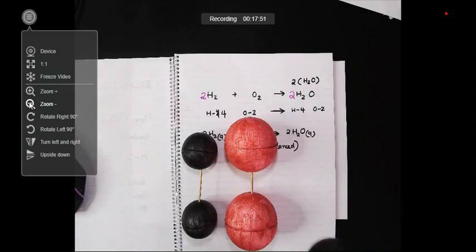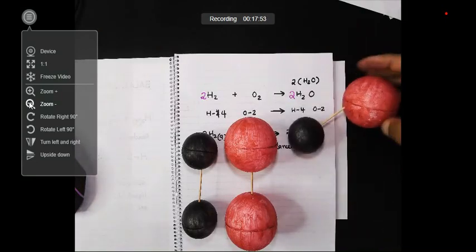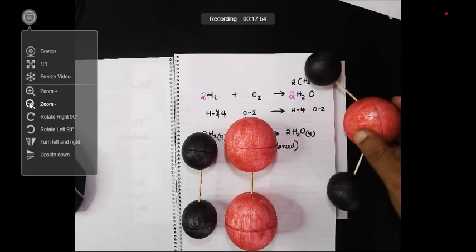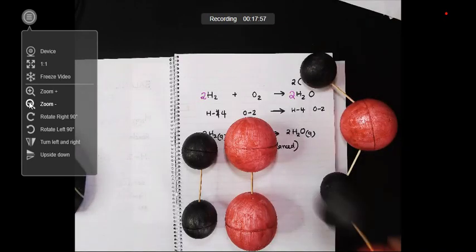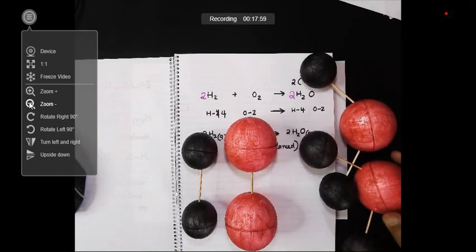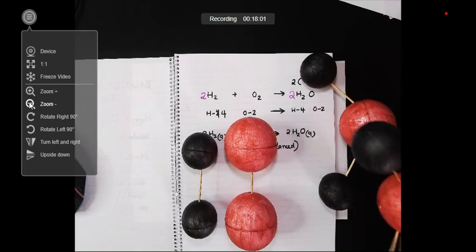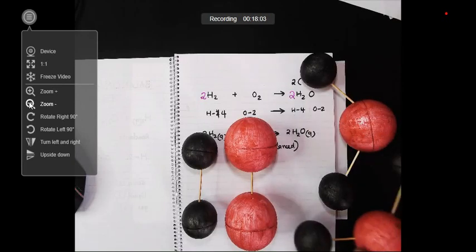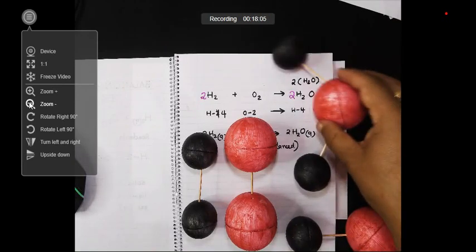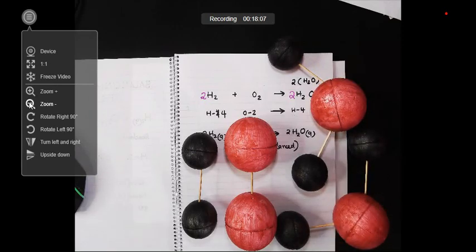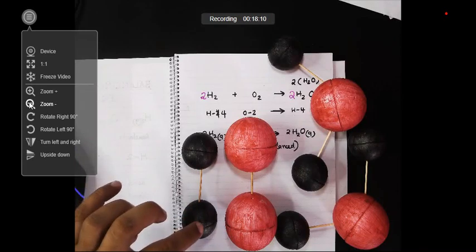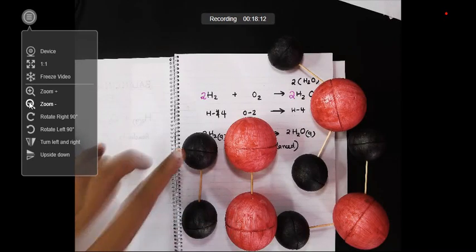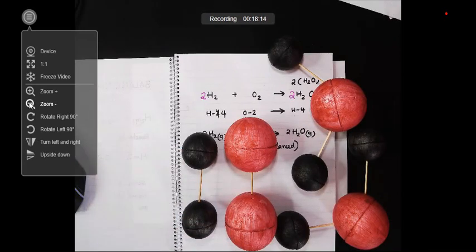And look at your water molecule. One water molecule and the other water molecule. You see? So you have 2 water molecules here. You can see that as a product.